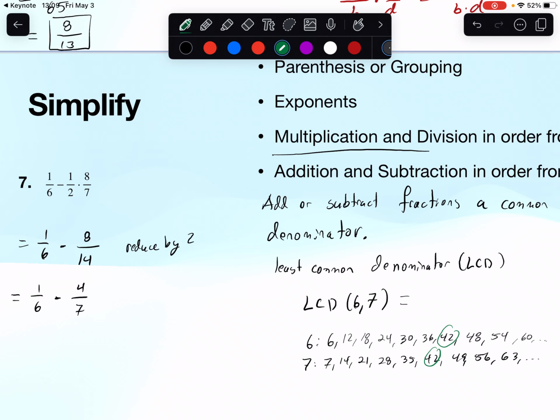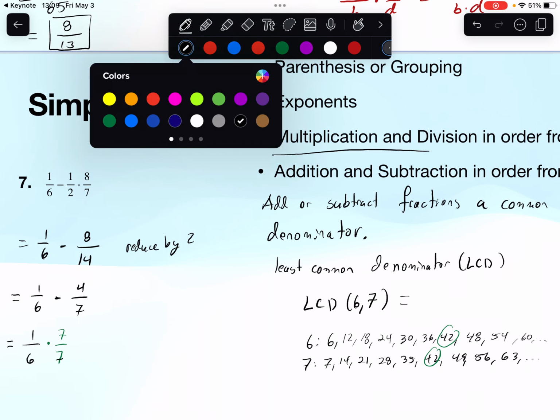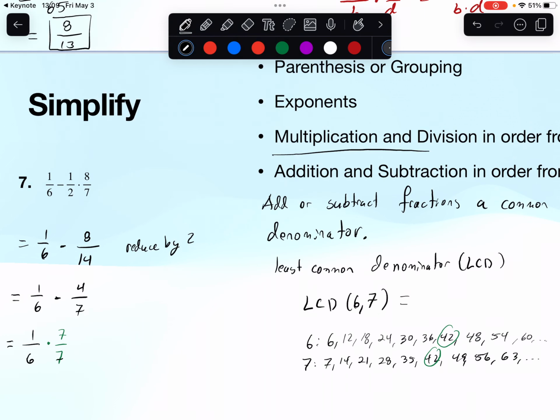Okay, so what we want to do is we want to have 42 as the denominator of both of these fractions. So to get the 6 to be 42, we need to multiply it by 7. So we're going to multiply it by 7 over 7 minus 4 over 7, and we're going to multiply that. So we need to multiply by 6.